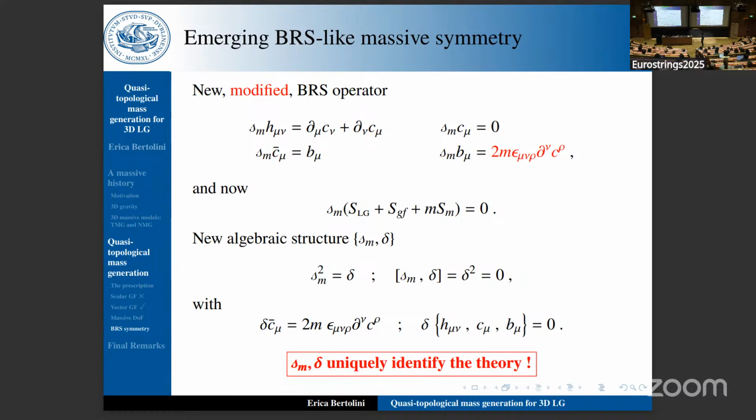It gives us a new algebraic structure for the theory, which is similar to a known one for topological Schwarz-like field theories. This is another reason why we're calling this model quasi-topological. But what's important here is that we have a symmetry related to these Ward operators that is uniquely identifying our theory.